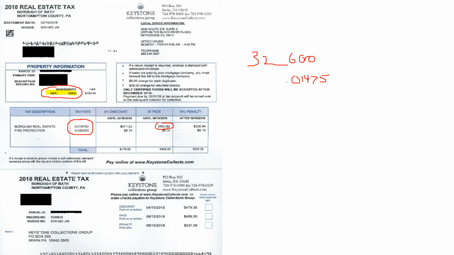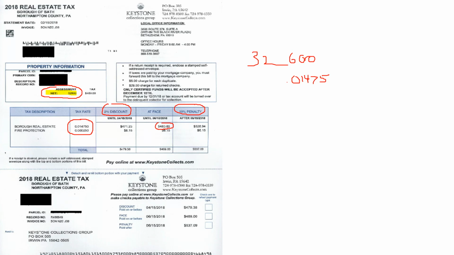So what you have is the face value. If you pay it early, you get a 2% discount. That's what this box is saying. Face value is saying that if you don't make the early period, then at face value, it's a $480.85 tax. And then after this deadline of June 15th, the tax goes up by 10%. And that's what this box is representing here with that new total.